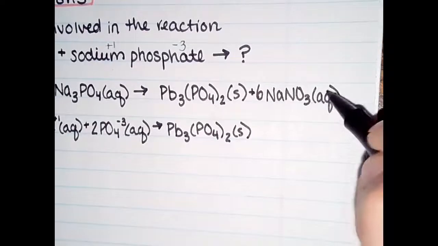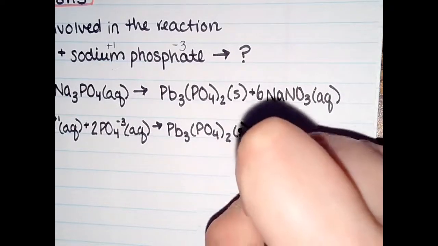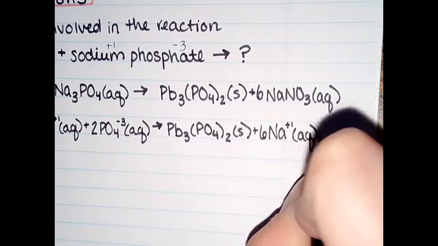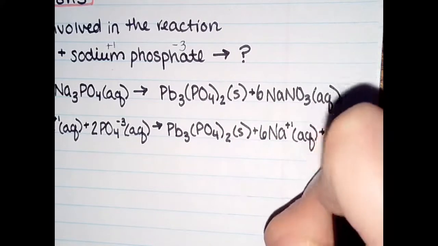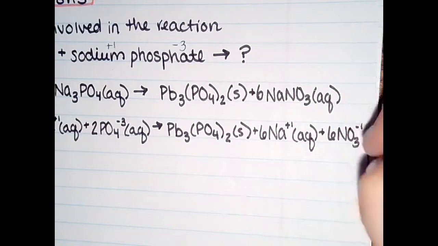This is aqueous, so we do break it apart into ions. It says 6 sodium. Each of the sodium have a charge of +1. And 6 nitrate. I'm barely going to fit this.